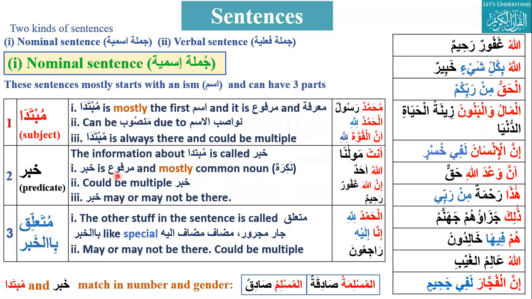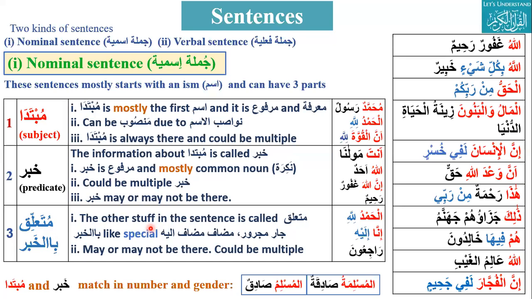Khabar is marfu and mostly nakira. There could be multiple khabar in a sentence. Khabar may or may not be in a sentence. And the third part is muta'alliq bil khabar, like jar majroor, special mudaf, mudaf ilayh, that have a mudaf like tahta, fawqa, ba'da.